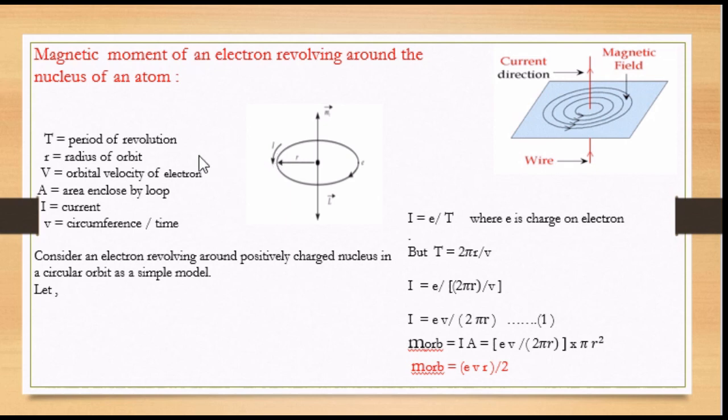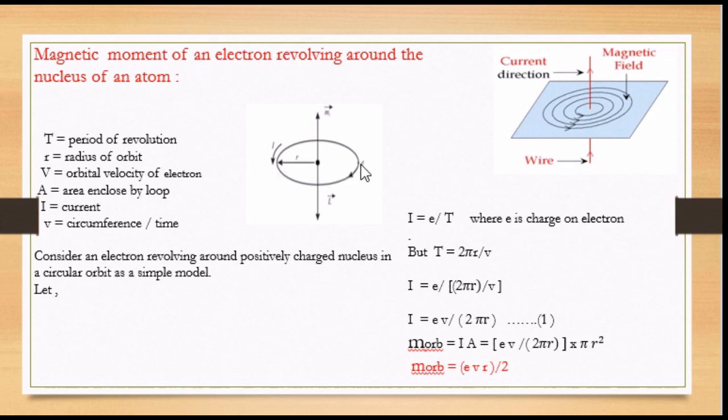So for this purpose, let us consider T is the period of revolution. Period of revolution means the time required by the electron to complete one revolution. R is the radius of the orbit and v is the orbital velocity of the electron.